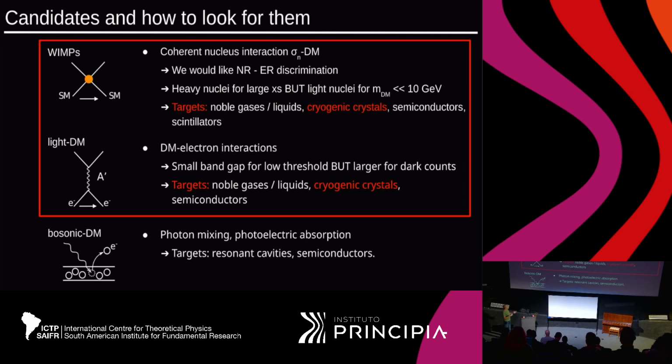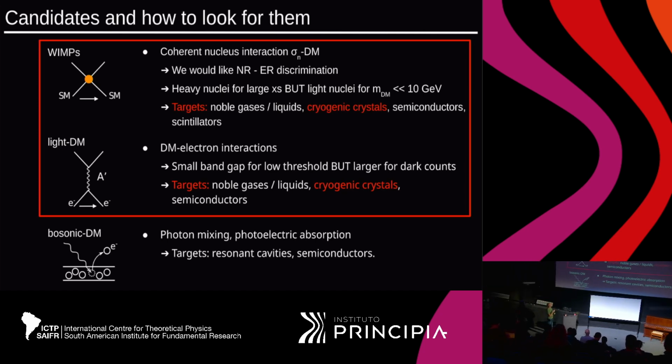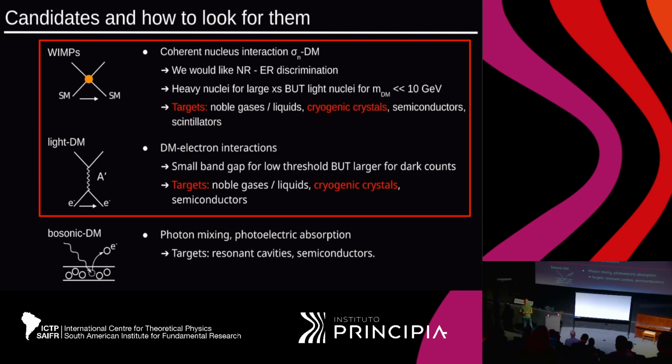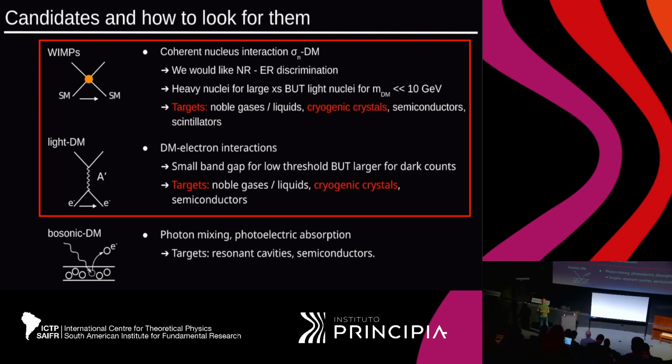So again, this is just a reminder. What are we looking for in a target? We discussed this when we were looking into which noble gases or noble elements were good targets for dark matter searches. The same will happen here with solid state things like semiconductors or crystals or things that produce some kind of signal. Again, these things apply.